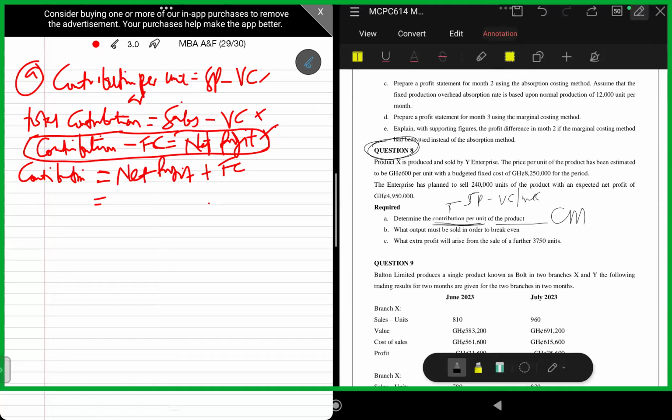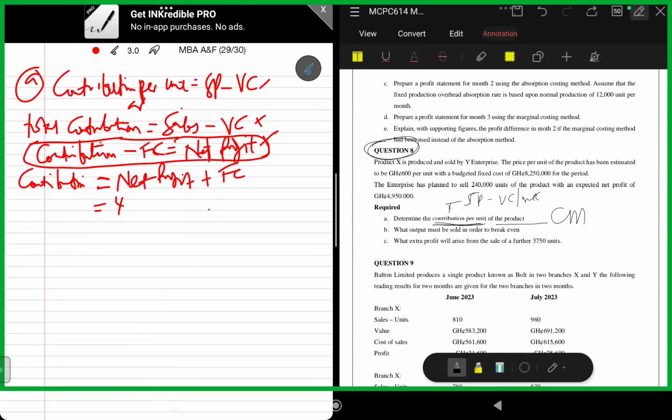So what is the net profit figure? 4,950,000. Plus what is the fixed cost value? 8,250,000. So what do we have in total?